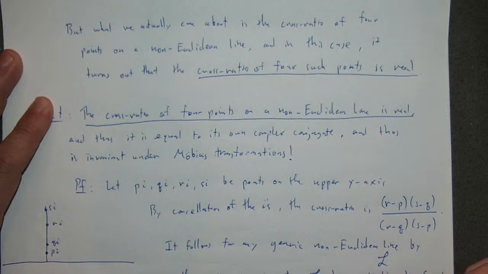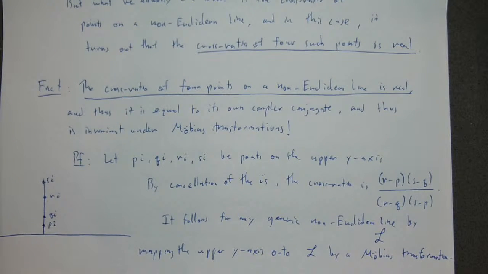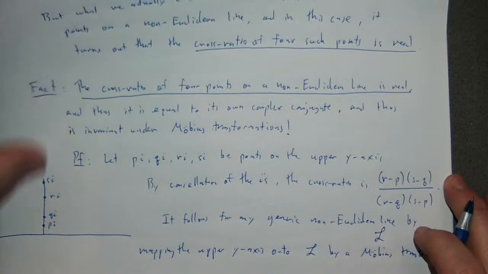Remember, while I couldn't say that in general the cross ratio on the upper half plane was invariant under Möbius transformations, it was invariant under almost all the generating transformations. The only one that changed it was the one that replaced a complex number with minus its complex conjugate. Okay. And so, how am I done here?